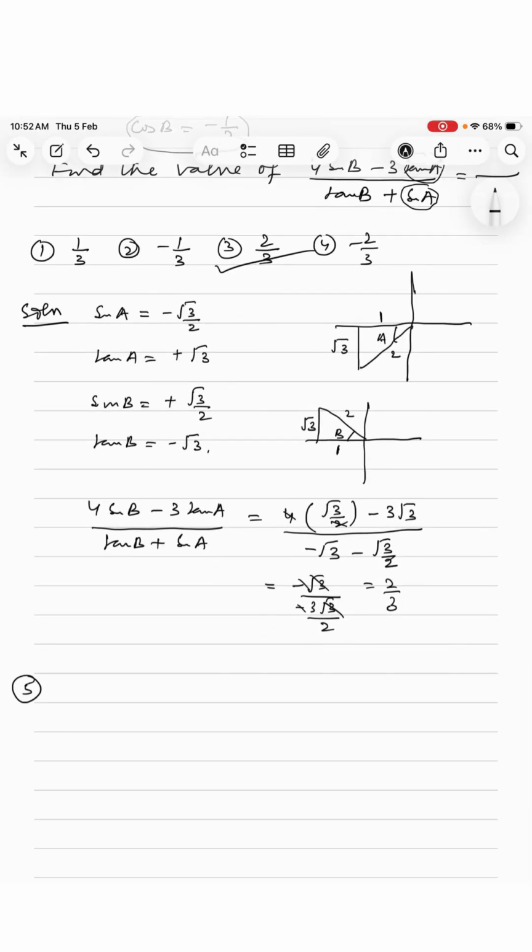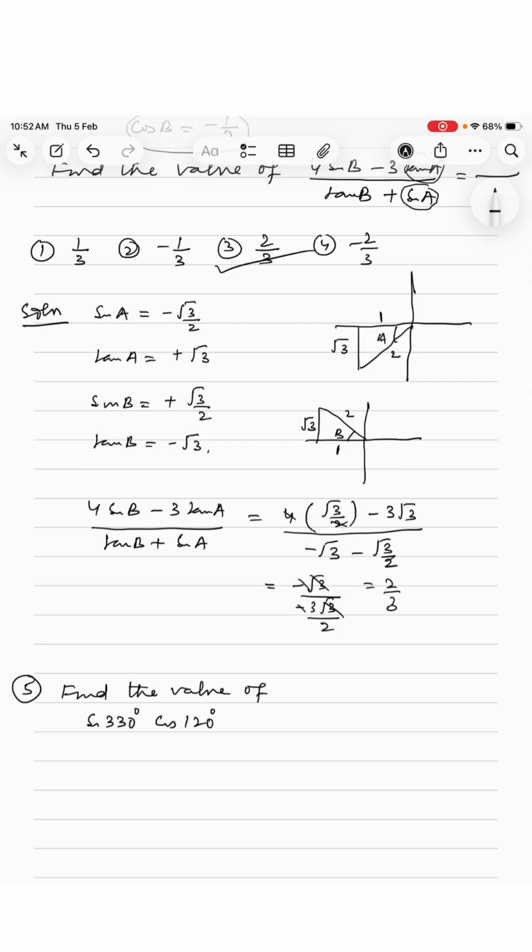Now one more very, very basic question which we find almost every year in our trigonometric ratios chapter. Find the value of sine 330 degrees into cos 120 degrees, plus cos 210 degrees into sine 300 degrees.